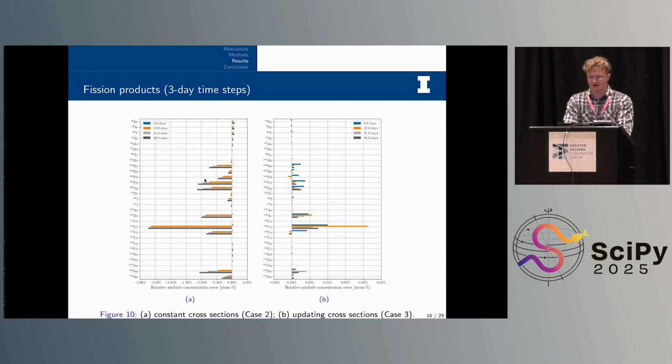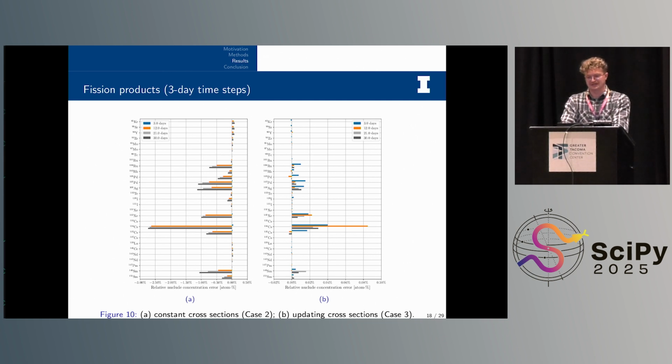If we go to the fission products, these are all very, very low. Similar setup, relative errors relative to case 1, case 2 on the left, case 3 on the right. We're in like less than 10 or less than 5% error now.